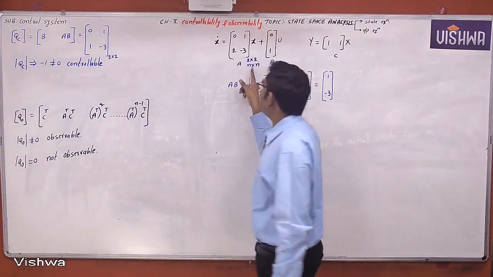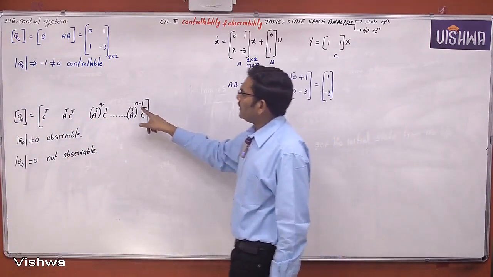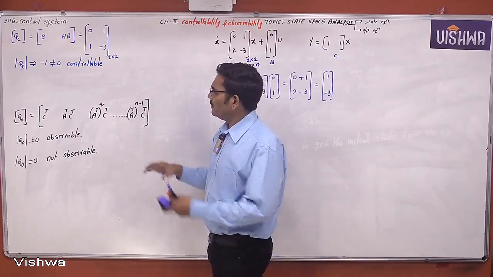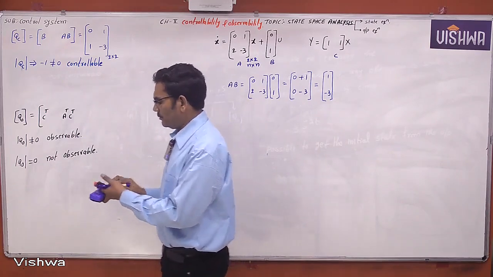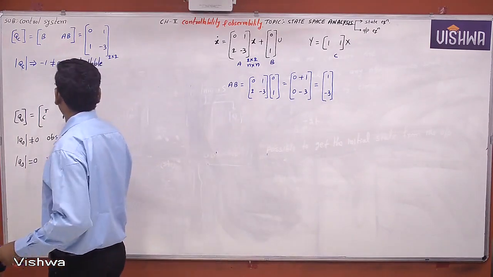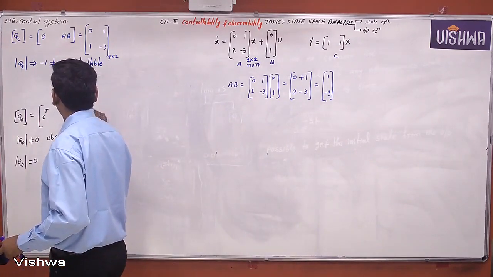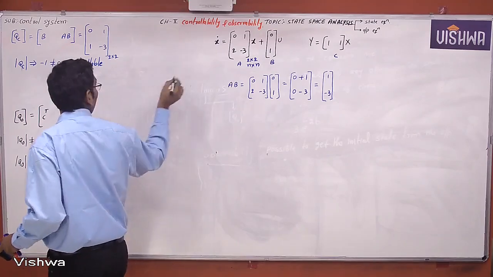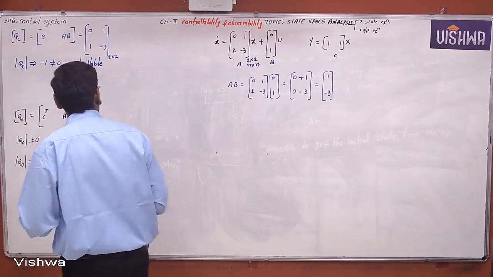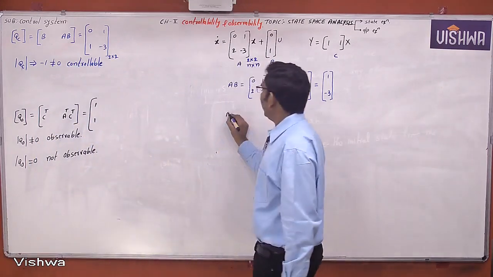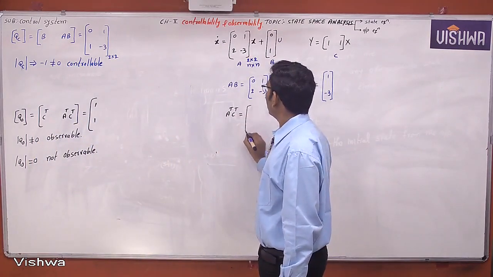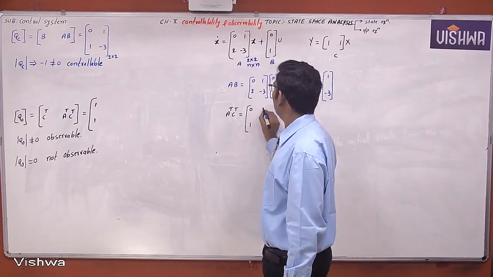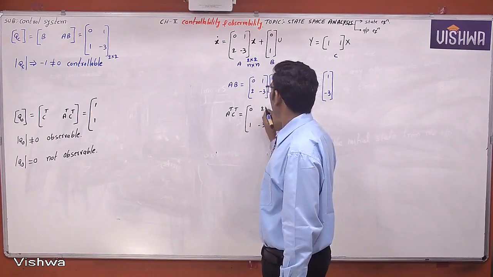The A matrix order is n by n, 2 by 2. So n equal to 2, 2 minus 1 is 1. So the observability matrix boundaries are up to here. Now, what is C transpose? C transpose is [1, 1]. We want to find A transpose into C transpose. A transpose is [0, 2; 1, minus 3].